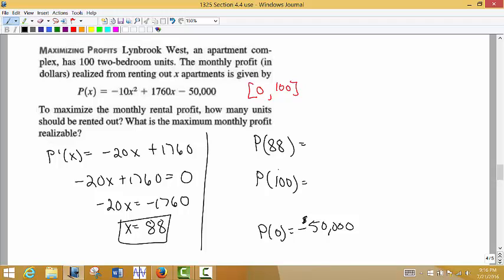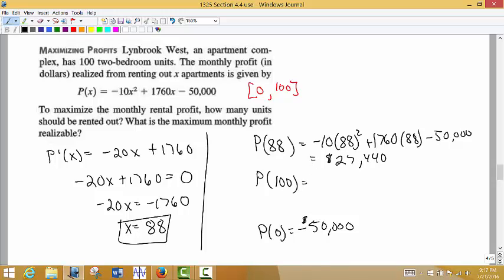So we're going to plug this into the original function and see what we get. So it looks like I get $27,440 of profit for the month.